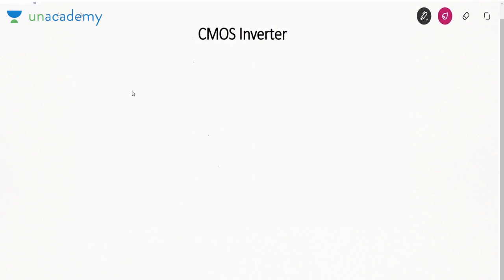Now let us move to one of the most important circuits for the ECE GATE exam, the CMOS inverter. First, let me define what is CMOS. CMOS is complementary metal oxide semiconductor.